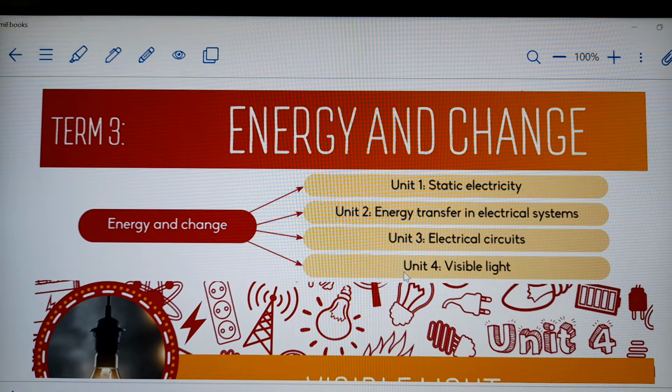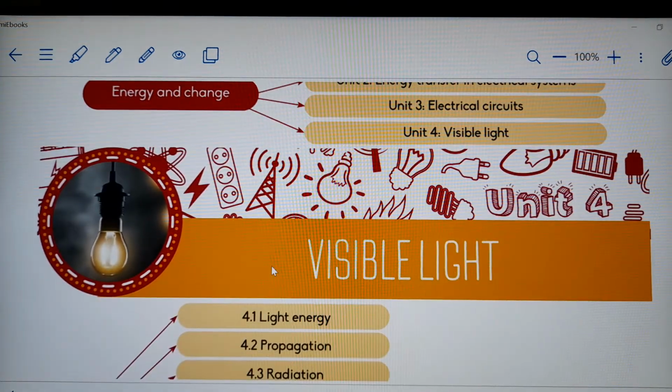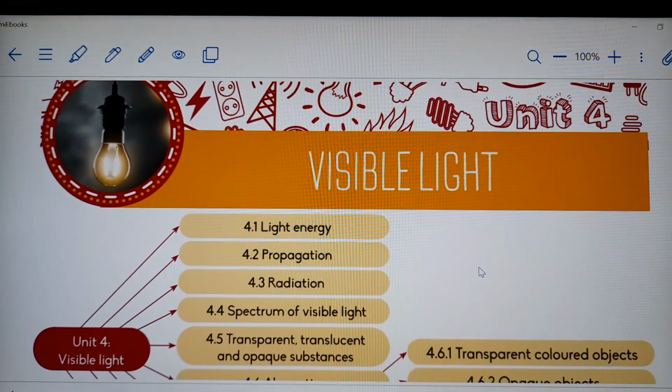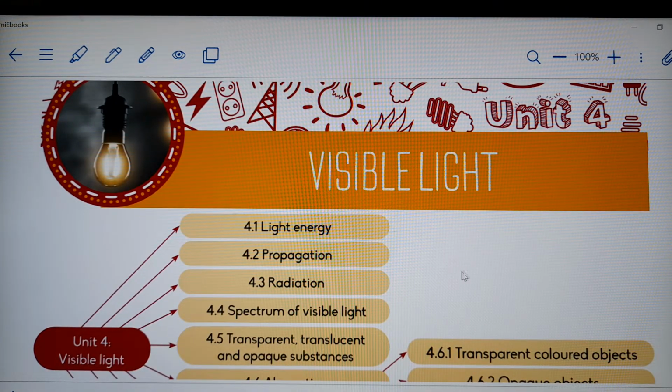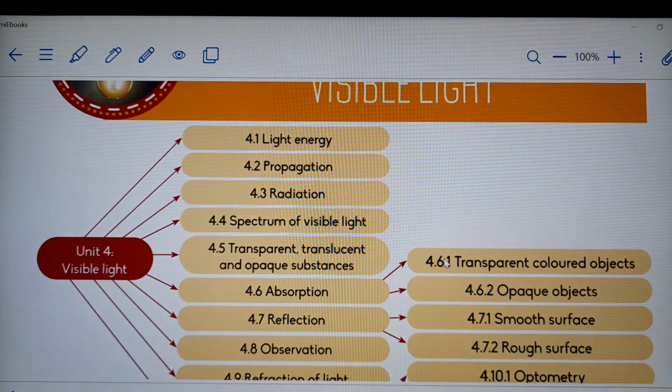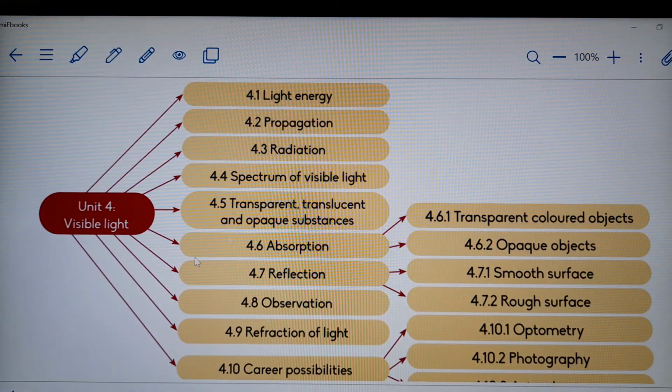Okay, so today we are going to look at unit number 4, visible light. This is on page 215 of your textbook. Now, visible light is broken down into 10 subsections.